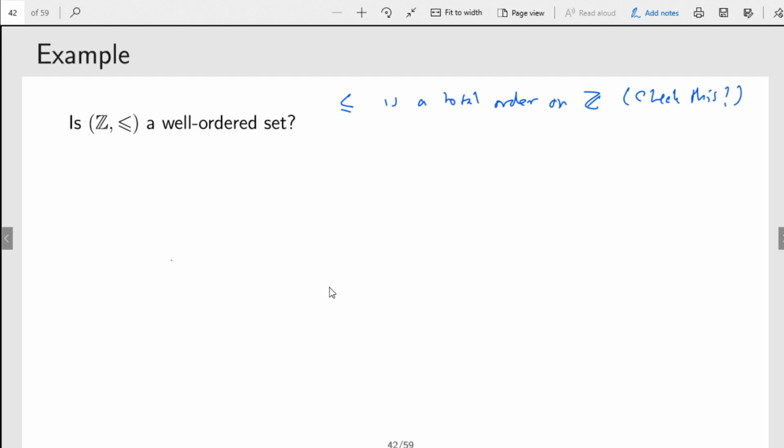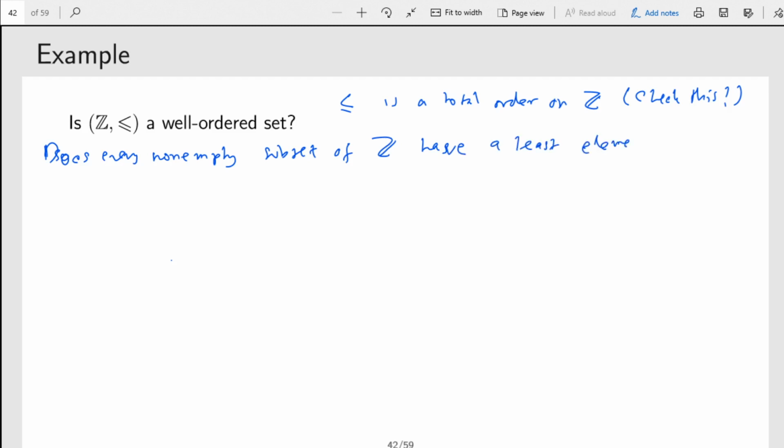Now what you want to check is, does every non-empty subset of the set of integers have a least element? The answer is no. Take Z itself.